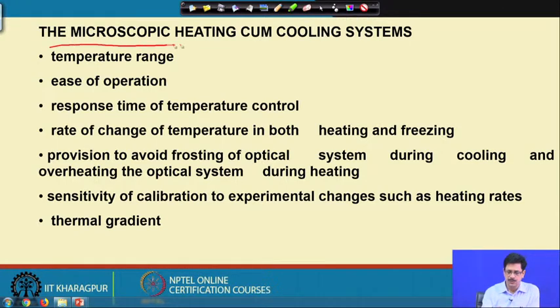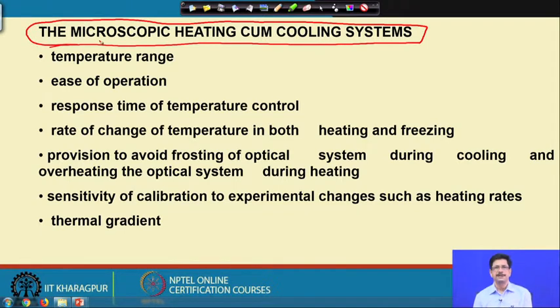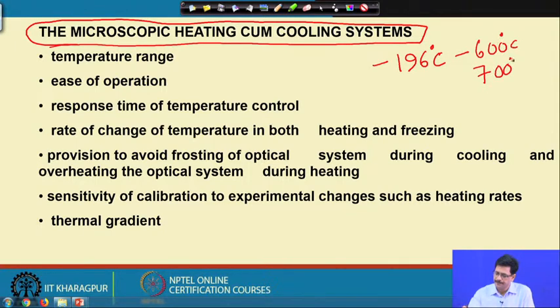There are many such commercially available pieces of equipment where the heating freezing experiments are conducted in the temperature range of minus 196 degrees Celsius to 600, or sometimes there are different systems in which the temperature could go to 600 or 700 depending on the design of the equipment.